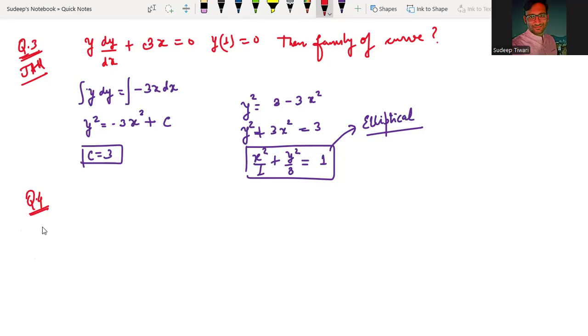Now, which of the following curves represents the solution of this differential equation: df upon dx plus 2f is equal to 3, such that f(0) is equal to 0.